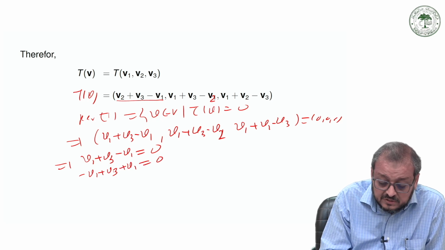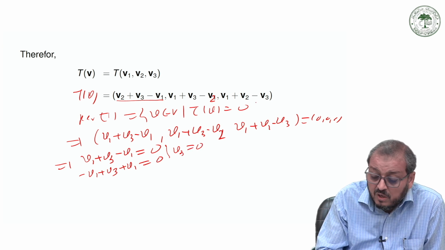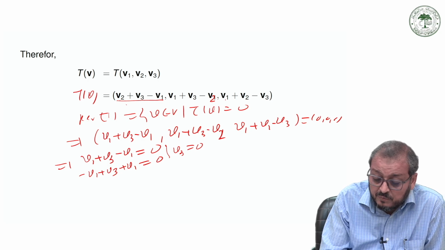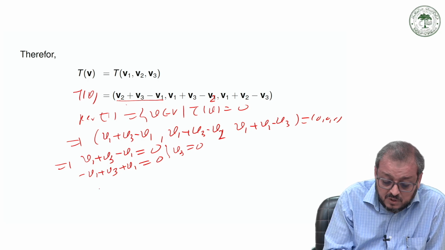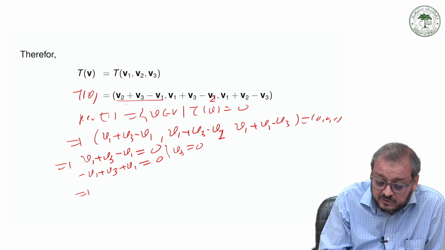Then if we add these two, this gives V3 is equal to 0. And with V3 equal to 0, we substitute again: V1 minus V2, V1 plus V2. So, V1 is equal to 0. So, this means if we simplify, all the vectors V1, V2, V3 are equal to 0. So, V3 is equal to 0.